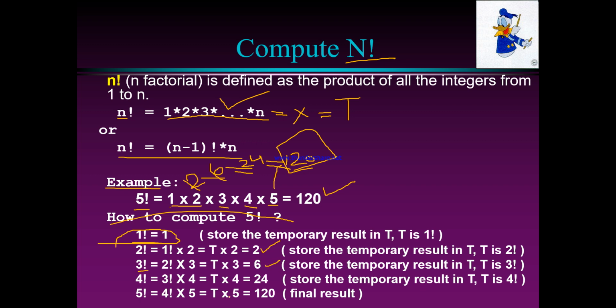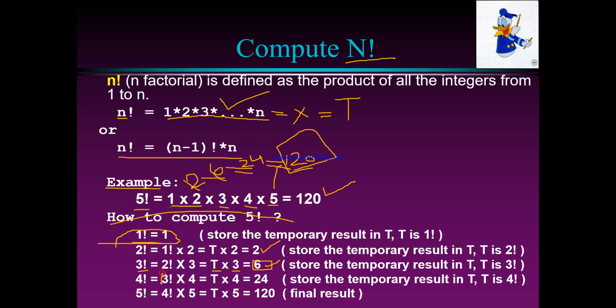For 3 factorial we need to multiply the result of 2 multiplied by 1, which is 2, and then that result can be multiplied with 3. So 3 multiplied by 2 is equal to 6. Now 6 is the result of 1 multiplied by 2 multiplied by 3, which can also be represented as 3 factorial.